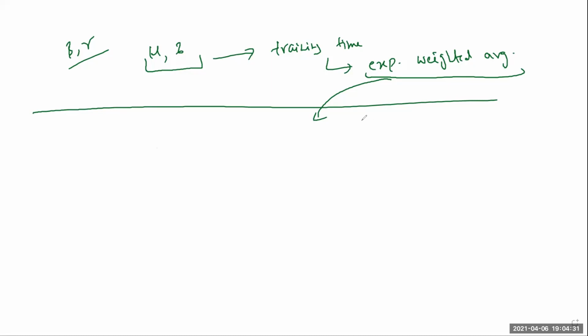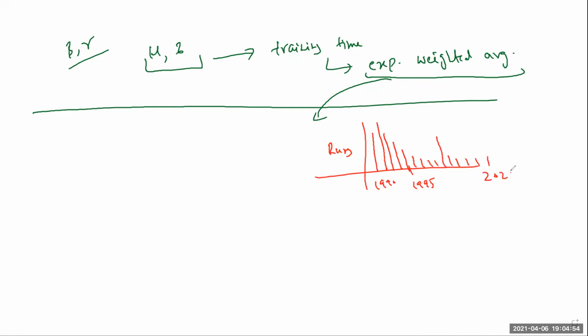So for example, if there's a player, on this axis we have year, say 1990, 1995, and so on, and on this axis we have runs. Maybe he was performing exceptionally well in the past, but recently his performance has dropped. So this is maybe 2021.